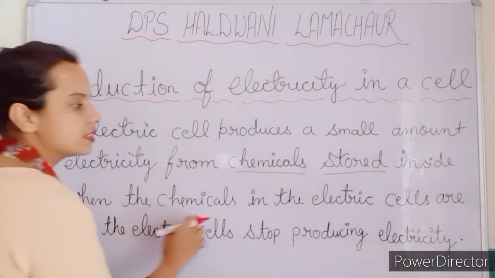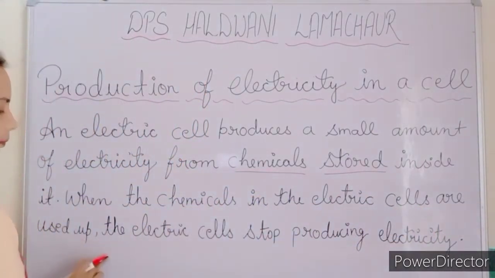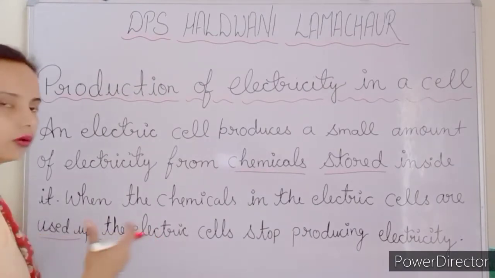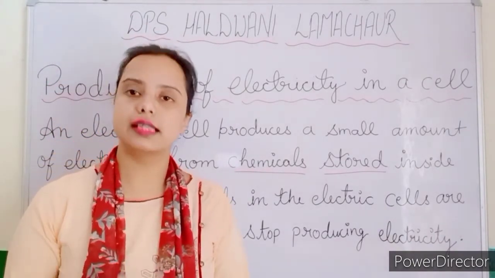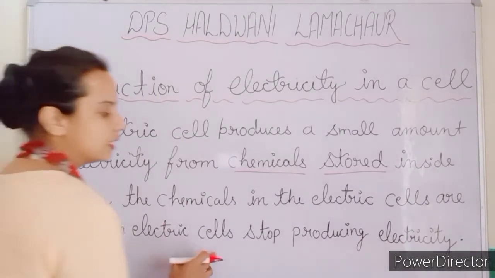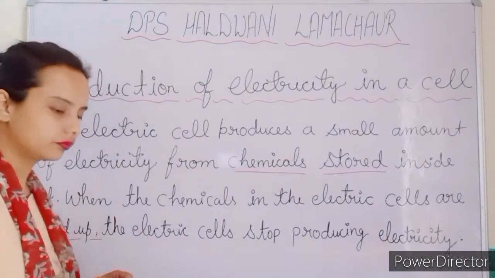When the amount of chemical present in the cell is used up completely, the electric cell stops producing electricity.